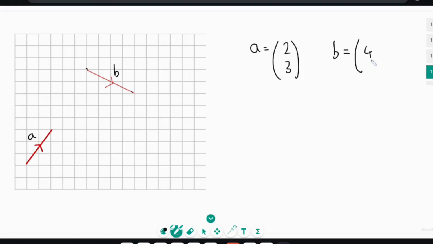So (4, -2). So for the magnitude for A, square root of 2 squared plus 3 squared, which is root 13. And for B, square root of 4 squared plus -2 all squared is 2 root 5.